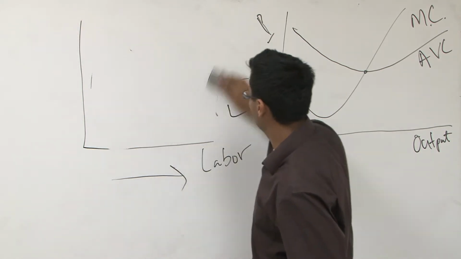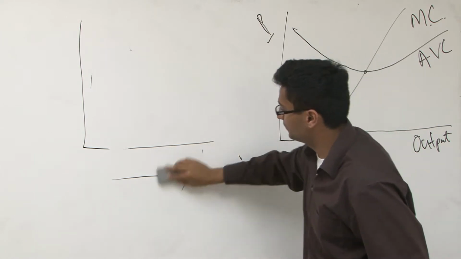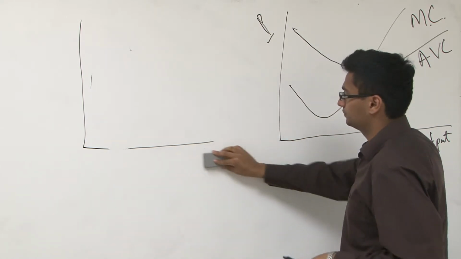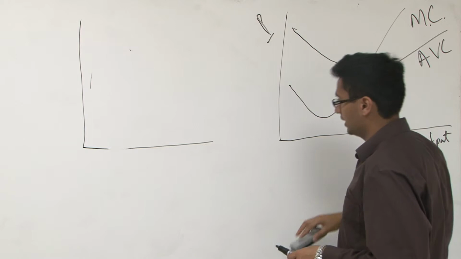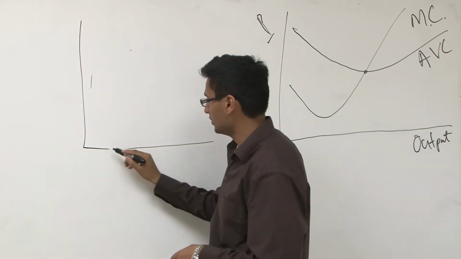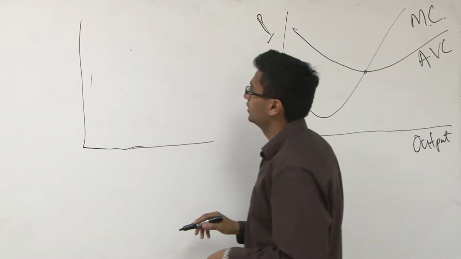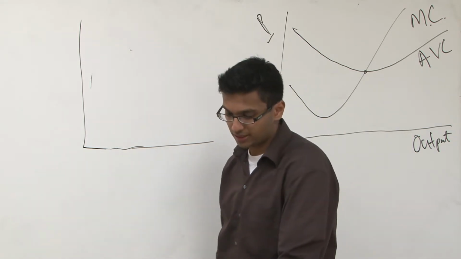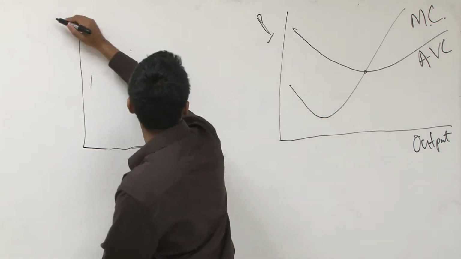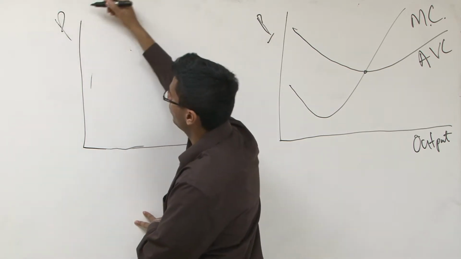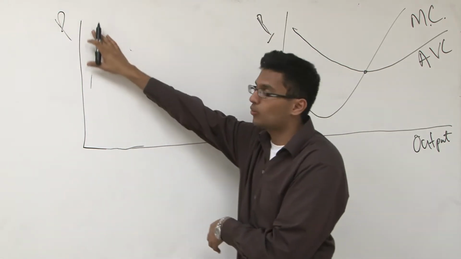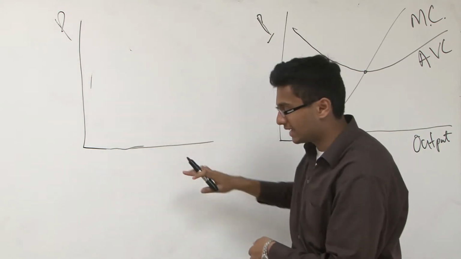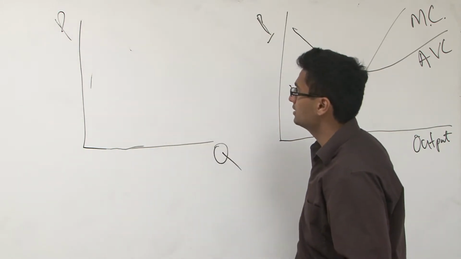I'm going to erase this. Okay, we'll keep that for now. So short run costs over time look like this. You have your price over here on the y-axis, similar to that one over there. On the x-axis, you have quantity or output, same thing.